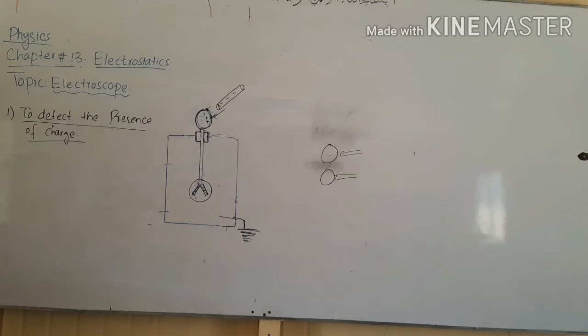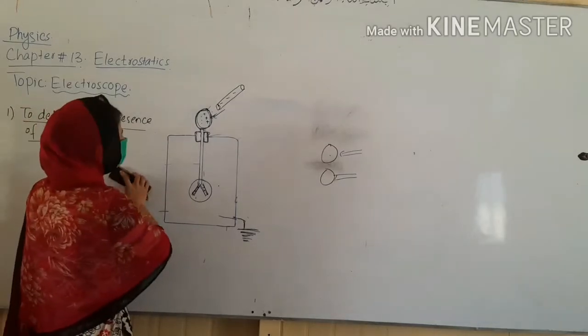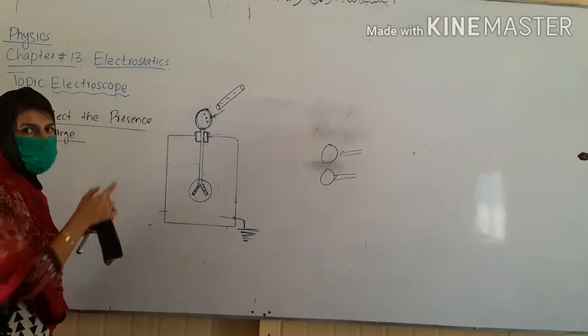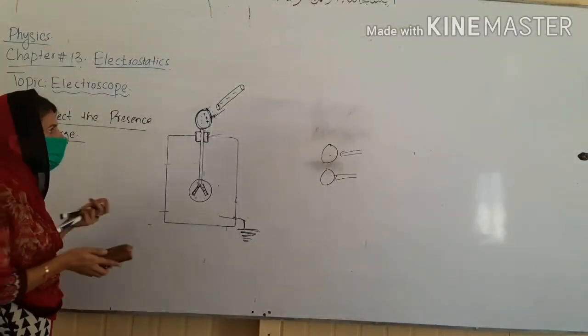Now, the second use is that we can charge this electroscope. In the first application, we brought a charged body near the electroscope that was in an uncharged, neutral condition. Now we can charge that electroscope.